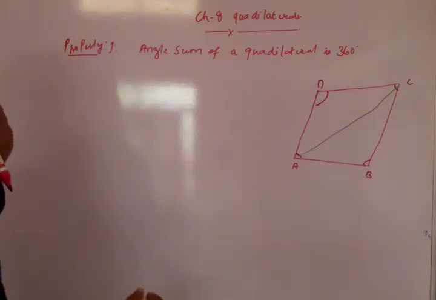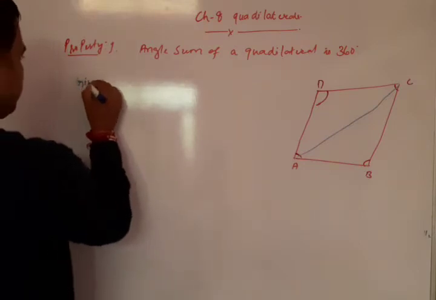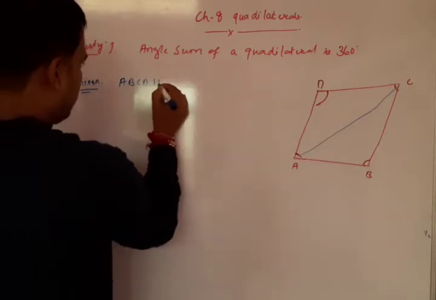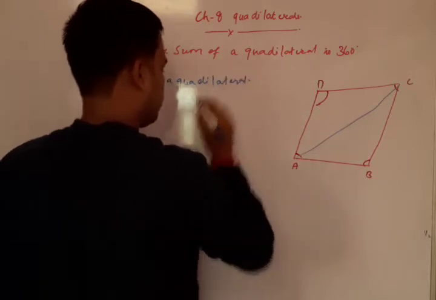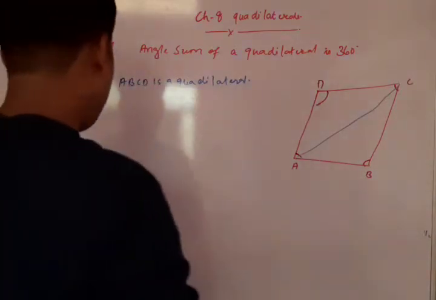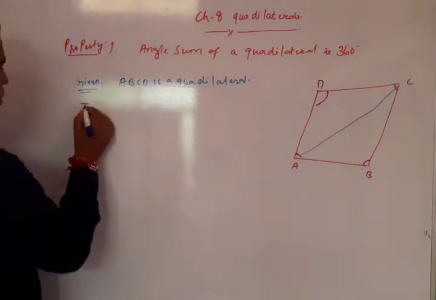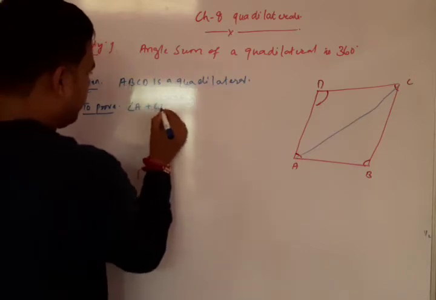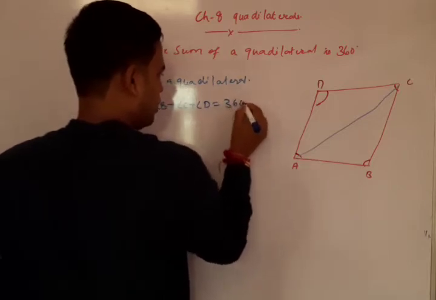So first we will write what is given, to prove, construction and proof. Given: ABCD is a quadrilateral. To prove: angle A plus angle B plus angle C plus angle D equals 360.